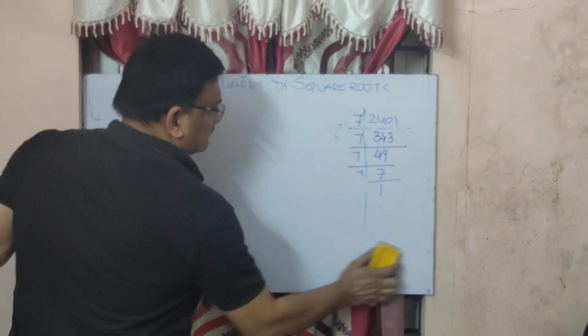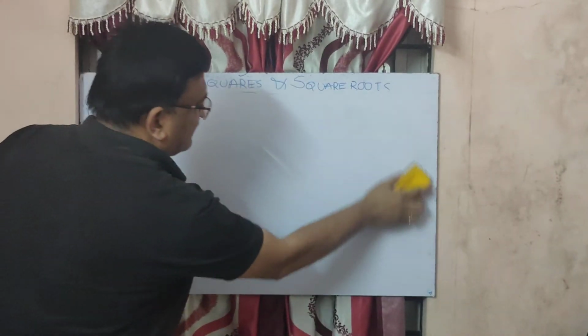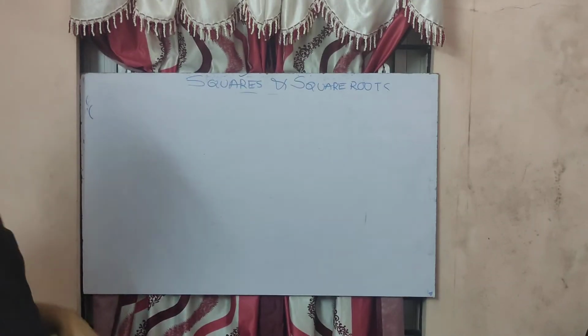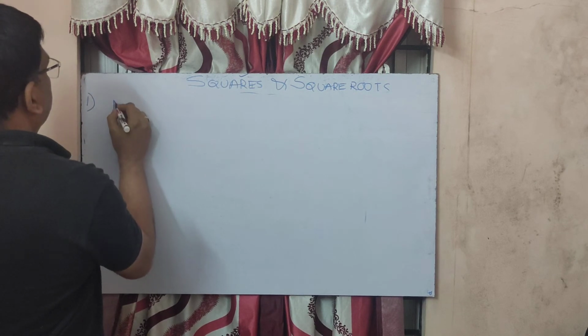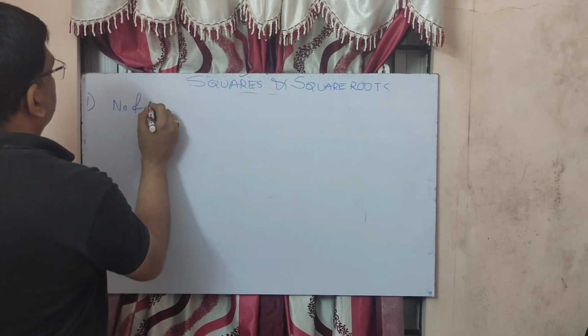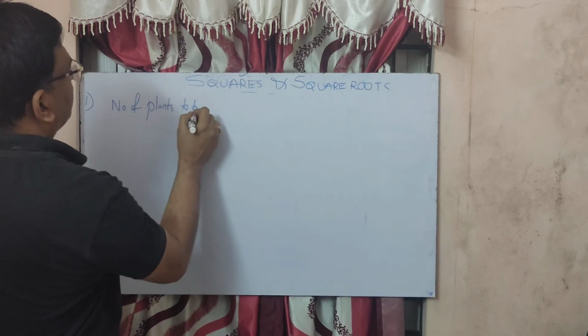Now you need to understand the question. When you read it twice, you will understand what they have asked. So, how many plants? 2025 plants to be planted.